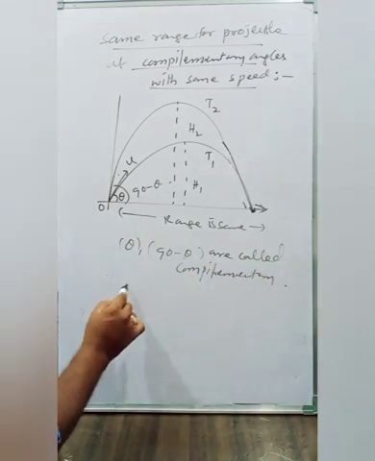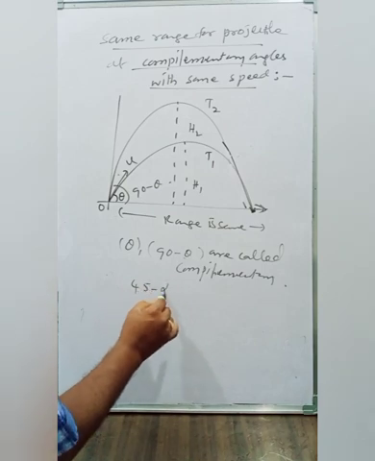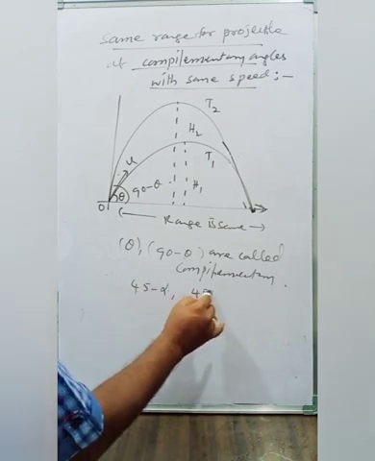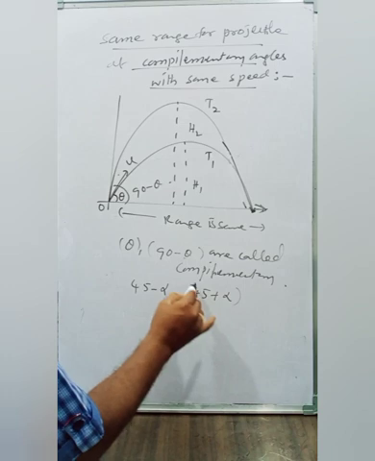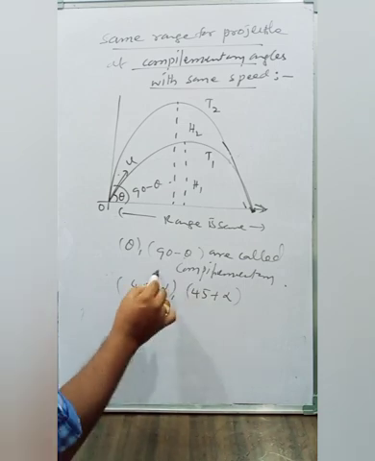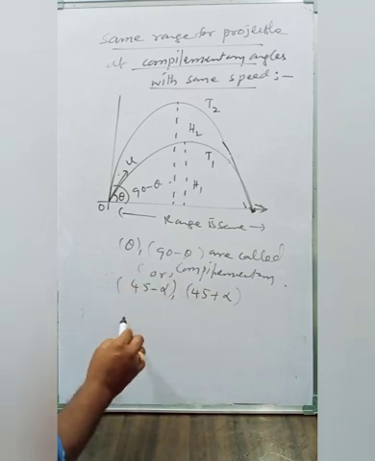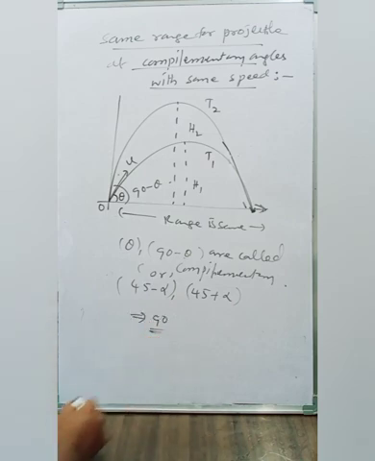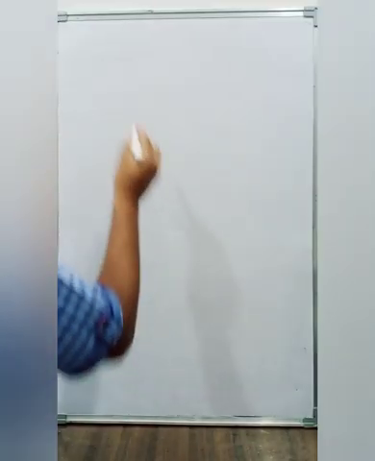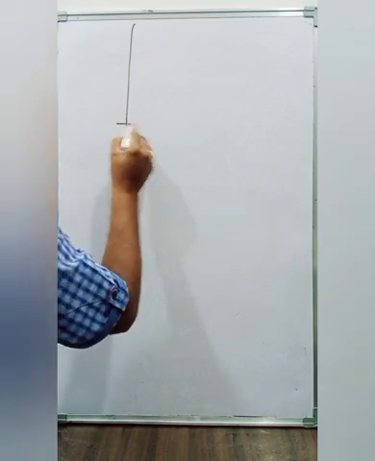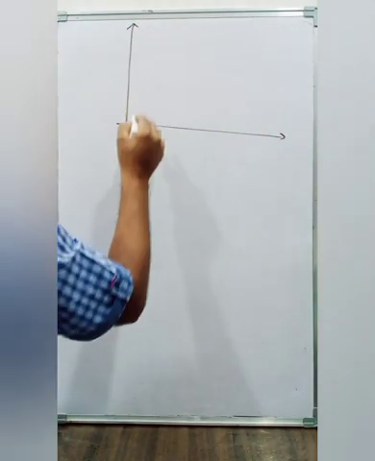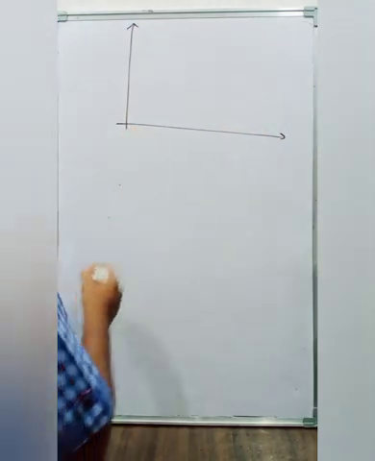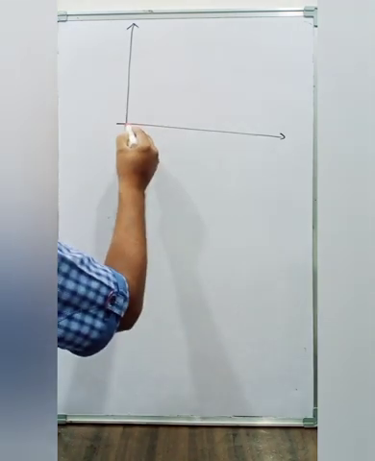Or 45 minus alpha and 45 plus alpha are also called complementary angles. Means the sum of the angles must be 90 degrees. So those are called complementary angles. Projection with the different angles, so here we get different angles of projection, but the range of the projectile is the same.